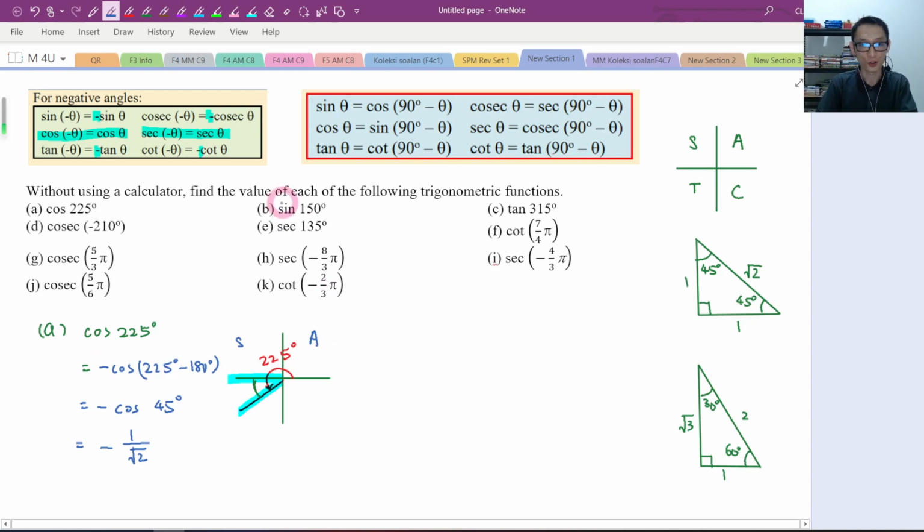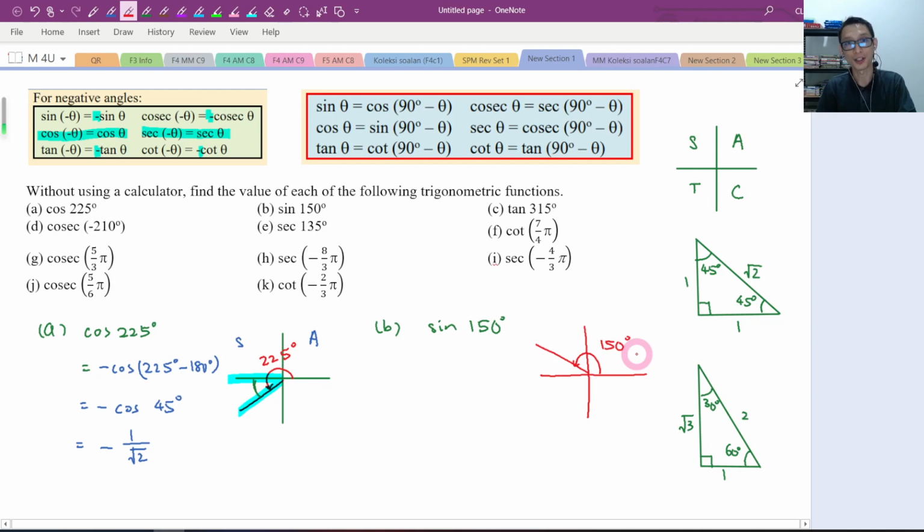Now, let's try part B. We're still using the same process. Sine 150 degree. Okay. Same thing, draw a cross. 150 degree is somewhere over here. This is 150 degree.